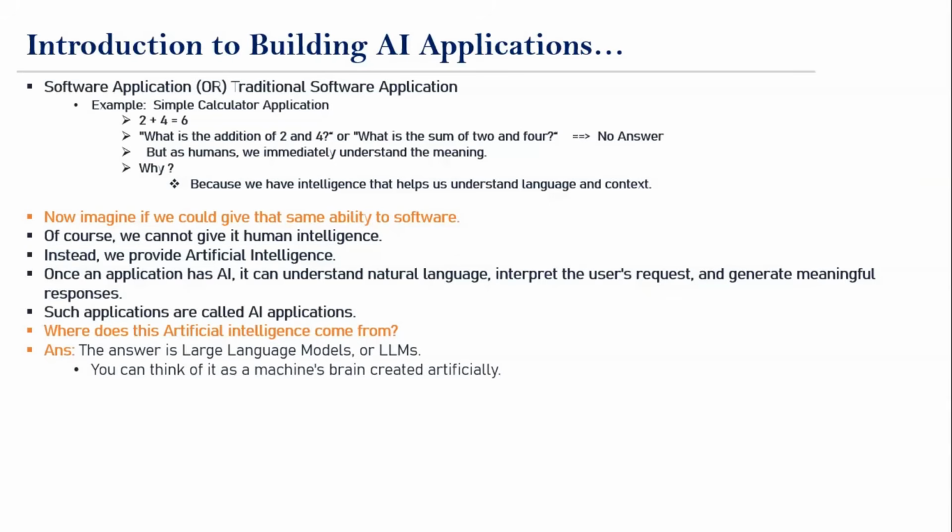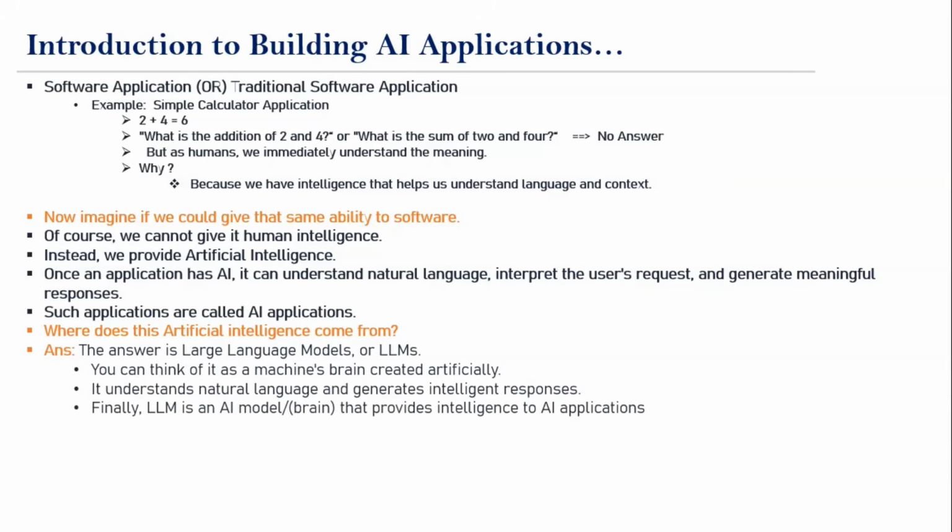Simply, an LLM is a brain for machines. If it is a brain, then it understands natural language and generates intelligent responses like us. Finally, an LLM is an AI model, or brain, that provides intelligence to AI applications.